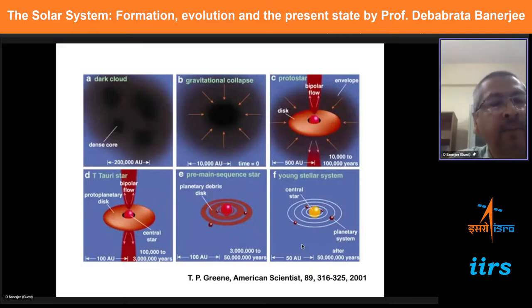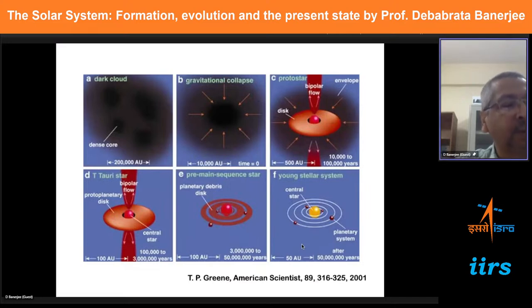Once the dusty disk dissipates, the object becomes visible as a T Tauri star. This is the younger phase of a sun-like star, and it's very active at this phase, and there is a protoplanetary disk which has been seen.